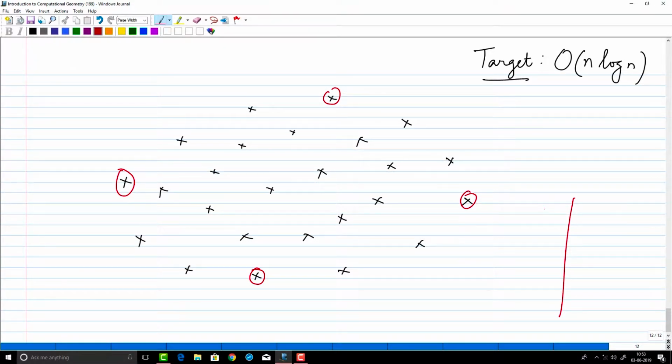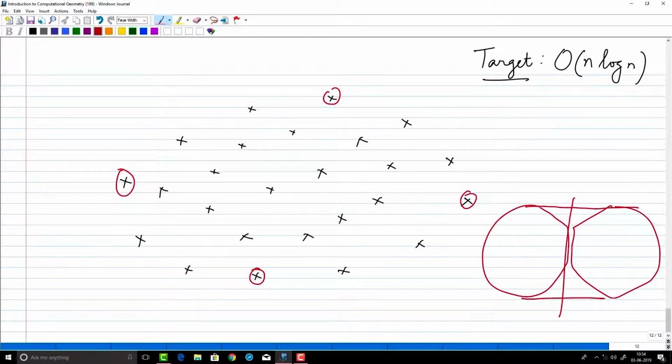I can compute the convex hull of the left part, the convex hull of the right part, and then probably I have to figure out a common tangent kind of thing in linear time, such that it bridges these two convex hulls. And then possibly you can think of a recurrence like this.